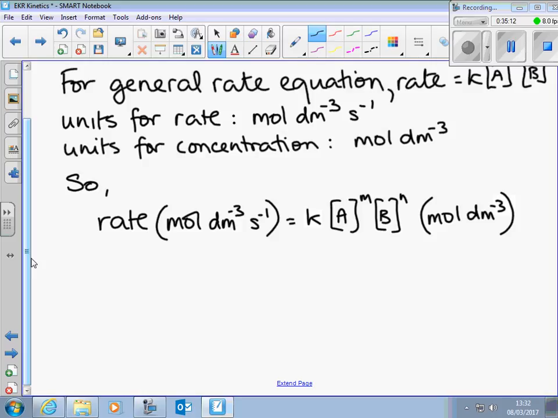M plus N. That's where that comes in useful. However, working out literally moles per decimeter cubed to the power of M plus N is quite messy. But that's what we've got to resolve, because K has actually got to bring it back to moles per decimeter cubed per second. So let's see if we can rearrange that.